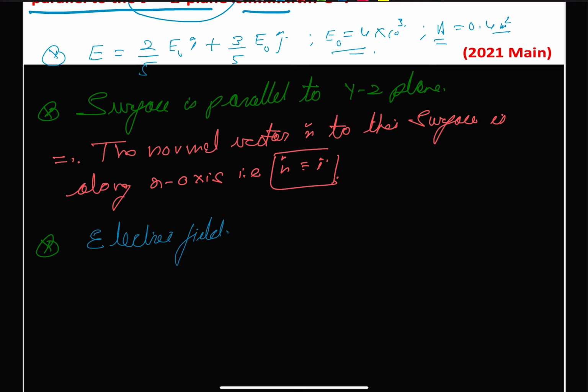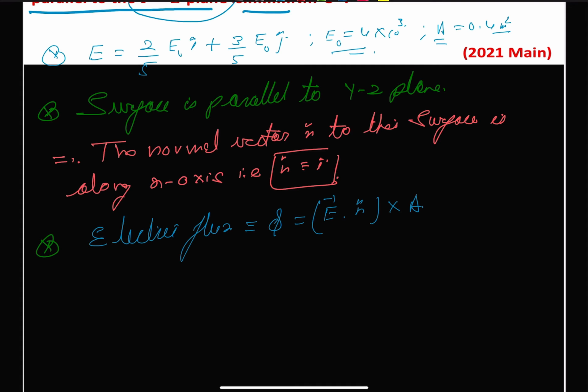Let me write the formula of flux, then we can calculate it. Therefore, we can say electric flux phi will be equal to E dot n unit vector multiplied by area vector.